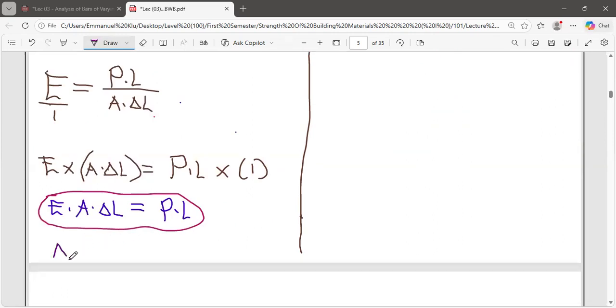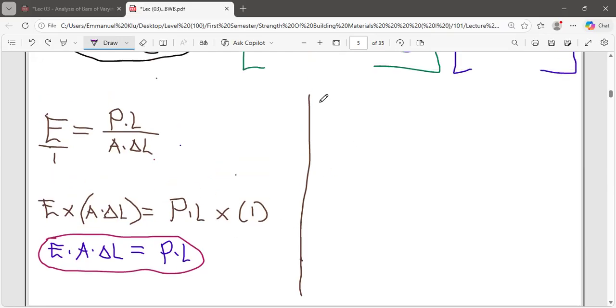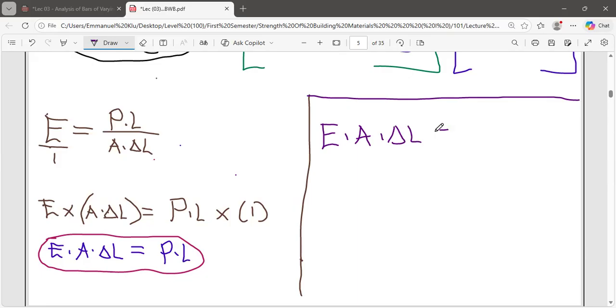Let me do it at the other side for you to see. So this is what we are having. E multiplying the area, times the change in length, is equal to PL.